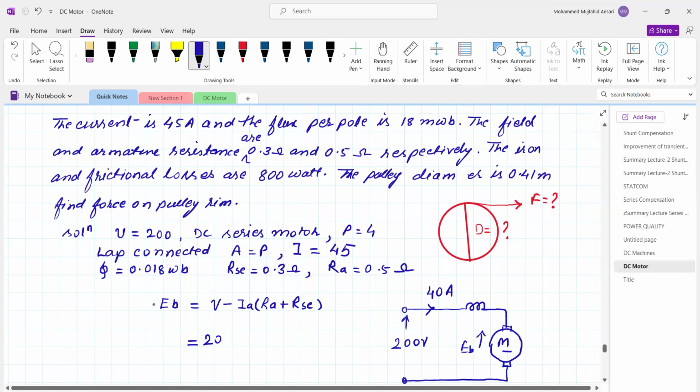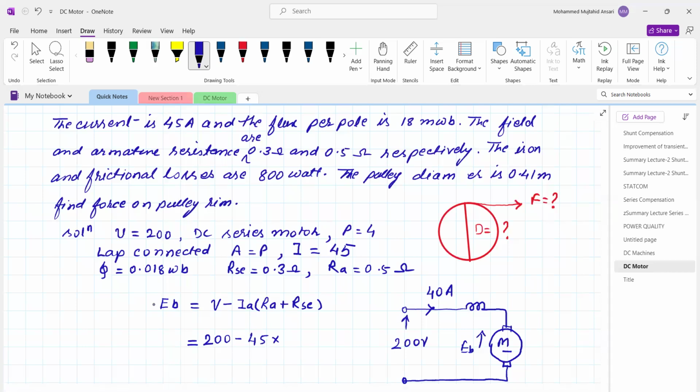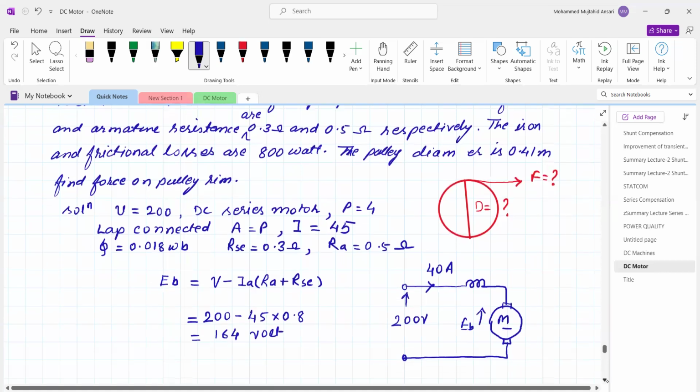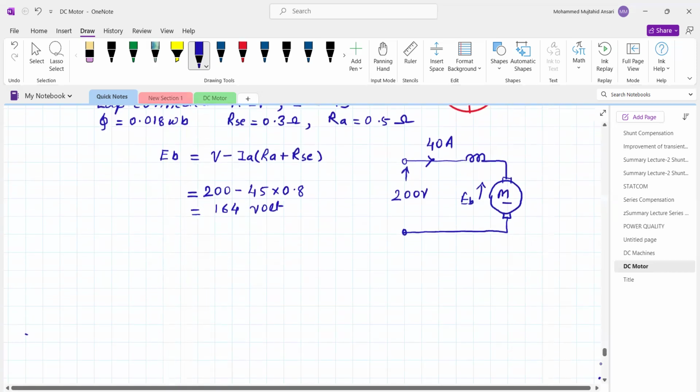So 200 minus 45 multiplied by the addition of these two, 0.5 and 0.3, which is 0.8, and back EMF is equal to 164 volt. So see, the back EMF is smaller than the supply voltage.